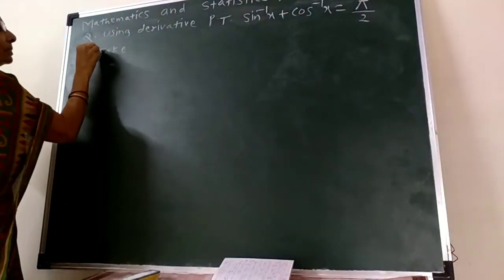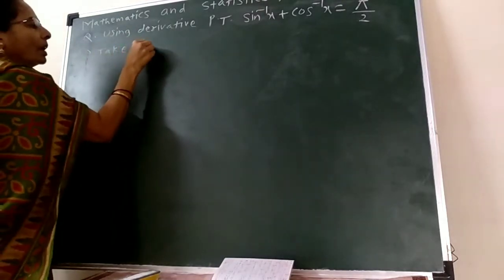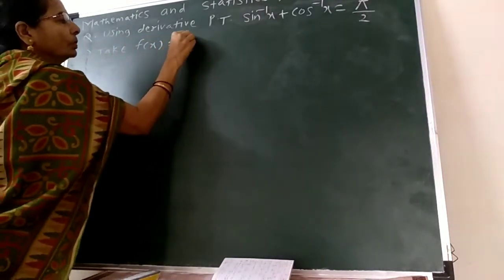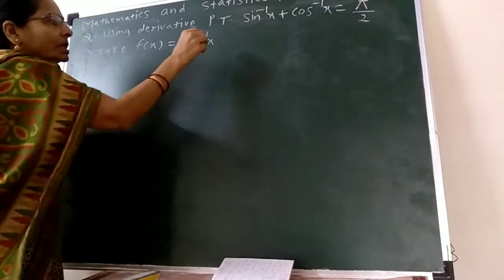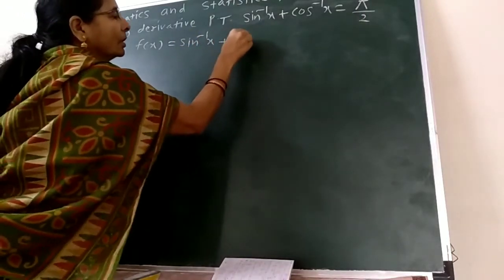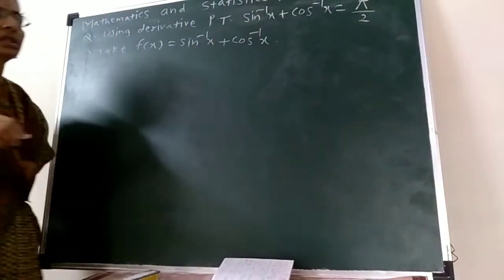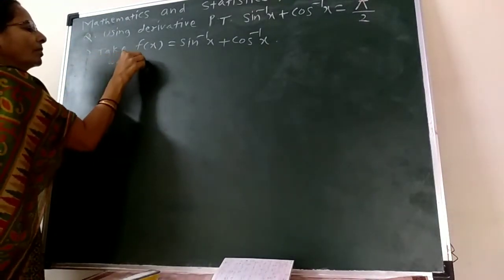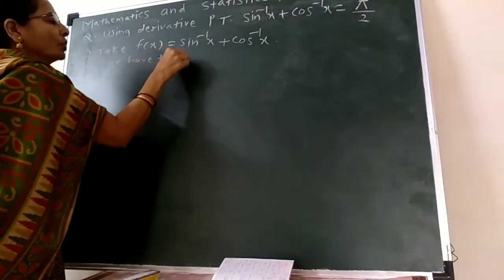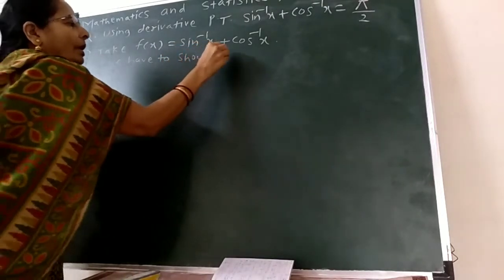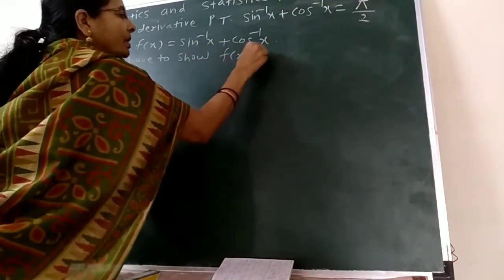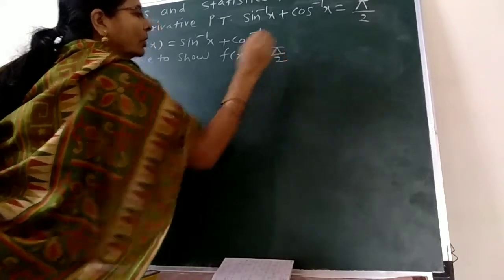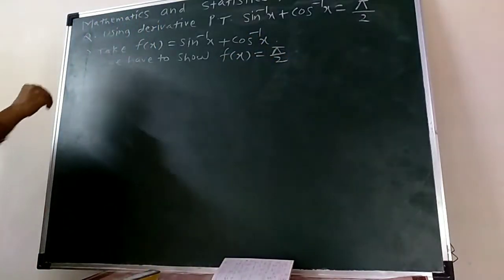Take f(x) is equal to sin inverse x plus cos inverse x. We have to show f(x) is equal to pi by 2.